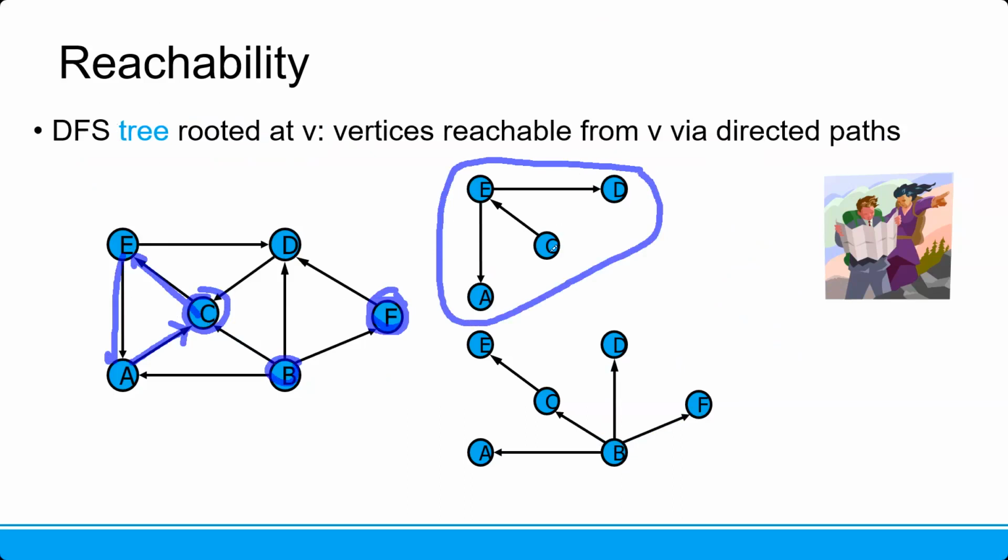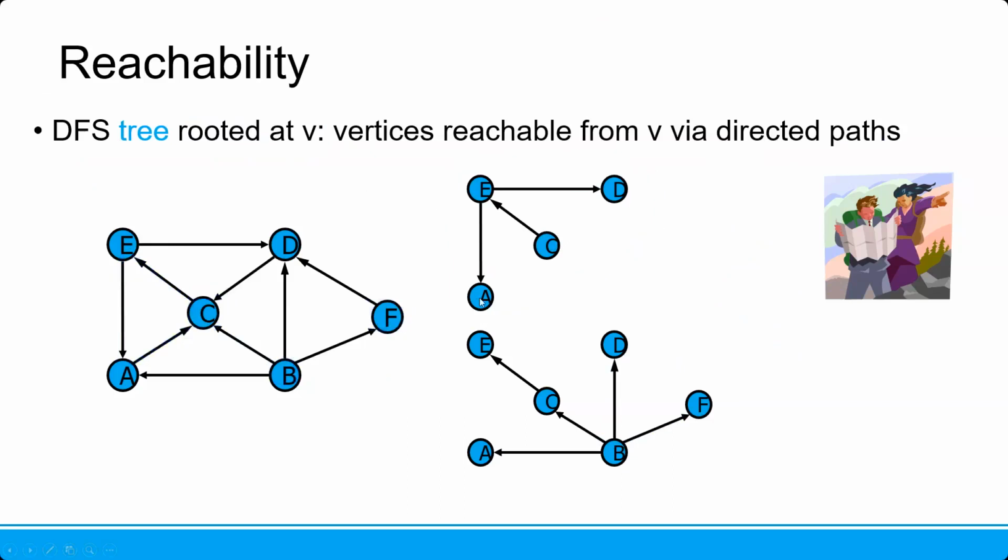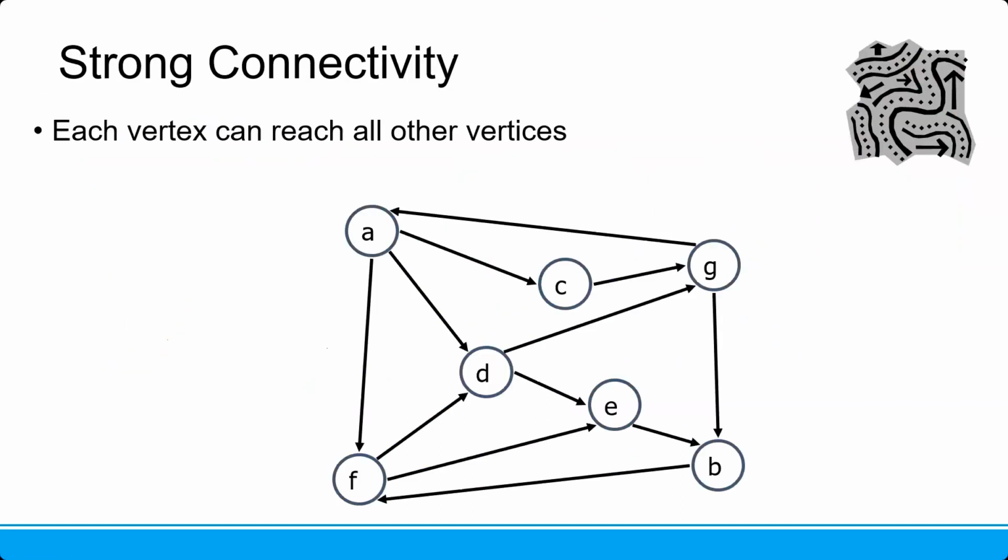Strong connectivity means all vertices can reach all other vertices.